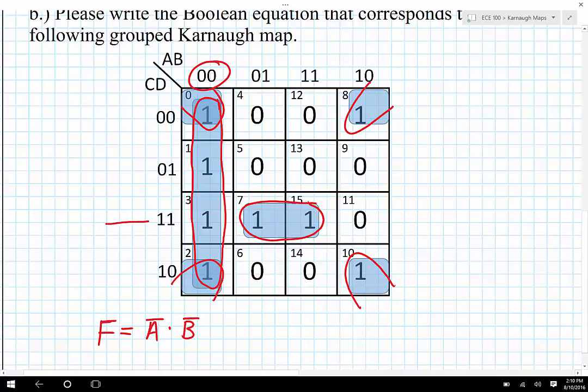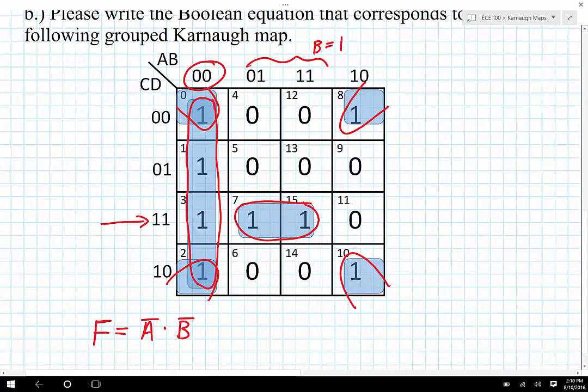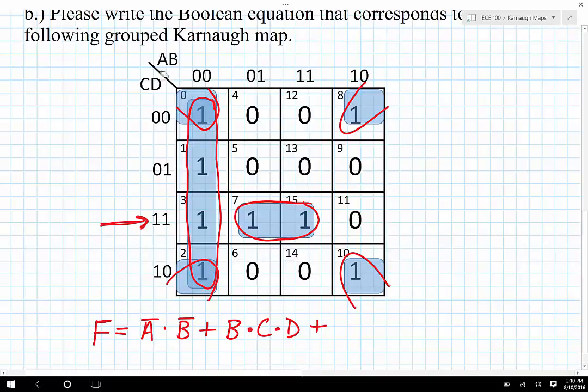Let's take the second group to be cells 7 and 15. Well, they belong to the row where C equals 1 and D equals 1, and then they belong to the middle two columns, which is where B equals 1. So B equals 1 for both of those. So therefore, this is or B and C and D. And then we just need to hit the four corners. What do the four corners have in common?